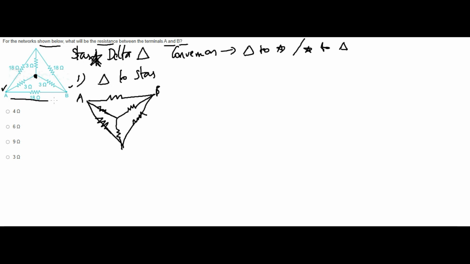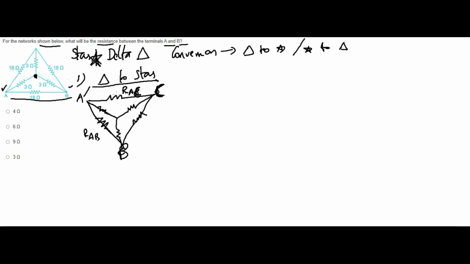Listen here. This base I'm keeping here. The resistor in between A and B is RAB. Then the resistor in between A and C is RAC. This one is RAB. You can make AB this base also, or AC this base also, BC this base.